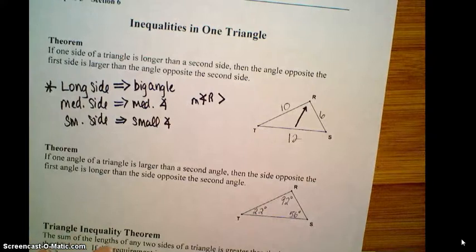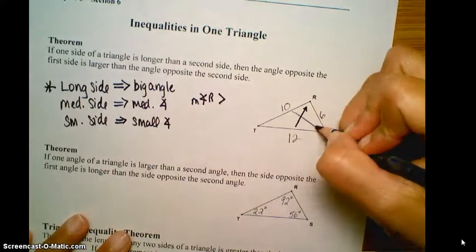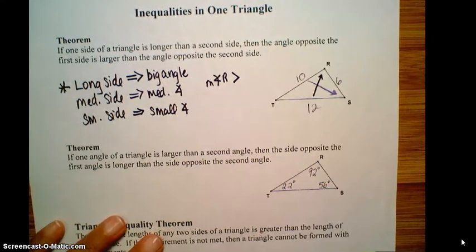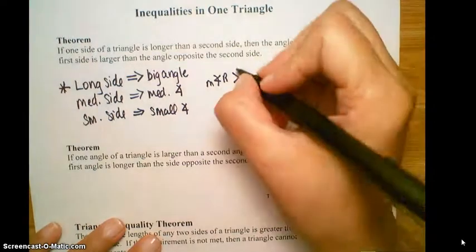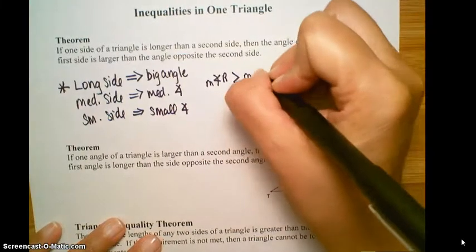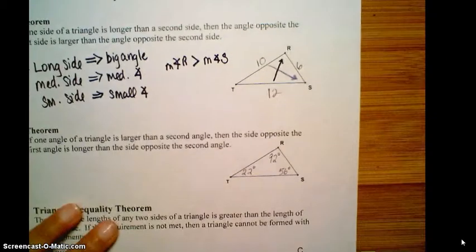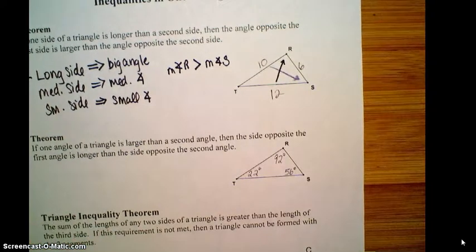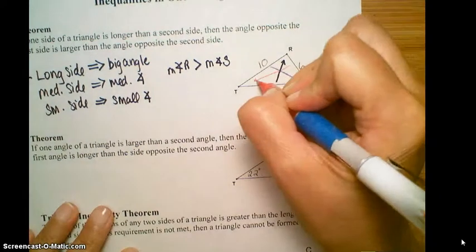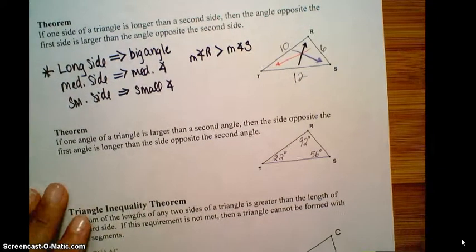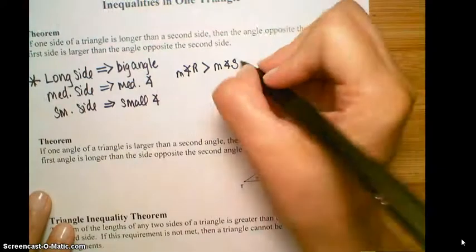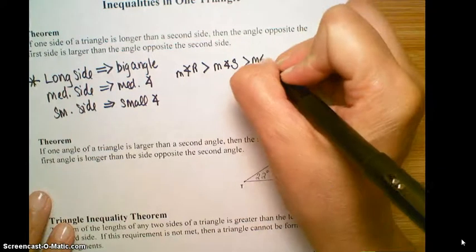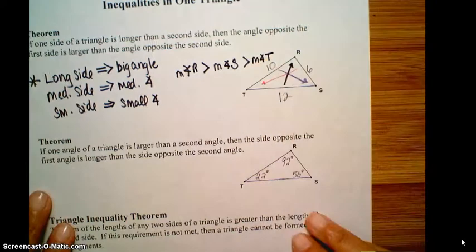And opposite from the 10 would be angle S. So angle R is bigger than angle S. And then the smallest side is the 6. And that 6 is opposite angle T. And so therefore, the smallest angle in our triangle is angle T.